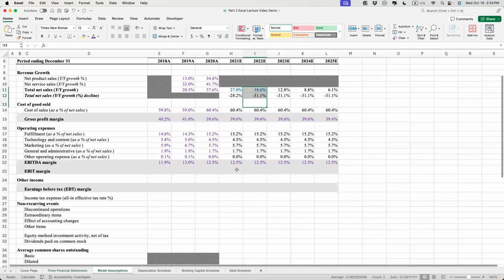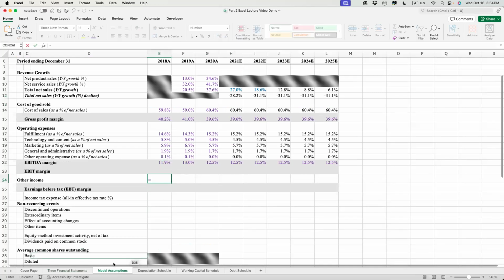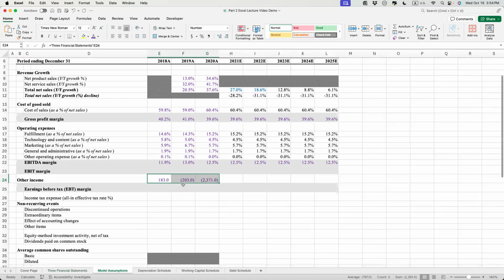Other income. For the other income here, let's first just link what happened in the past. First of all, everything below EBIT is going to be related to cost or returns, not really related to our core operations. So again, follow the book. There are 7 different methods.